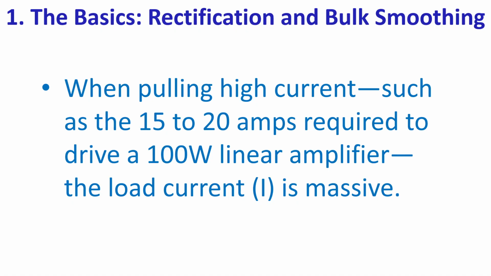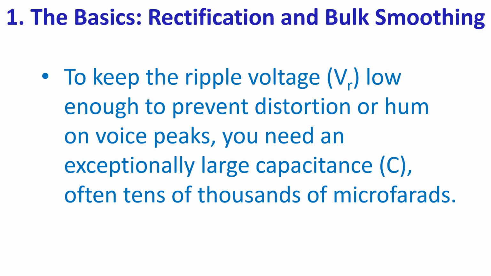When pulling high current, such as the 15 to 20 amps required to drive a 100 watt linear amplifier, the load current I is massive. To keep the ripple voltage VR low enough to prevent distortion or hum on voice peaks, you need an exceptionally large capacitance C, often tens of thousands of microfarads.